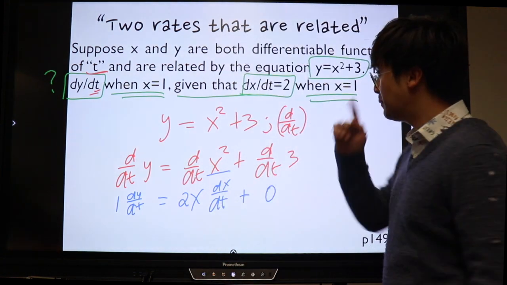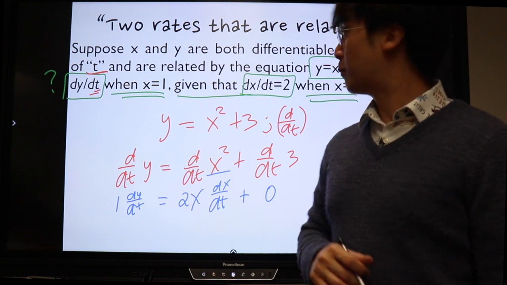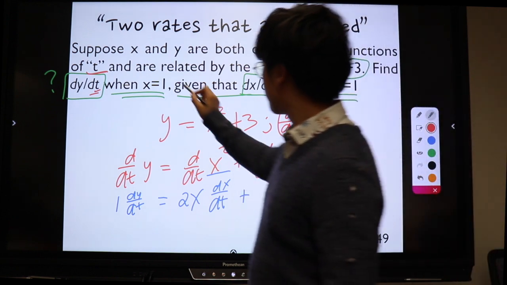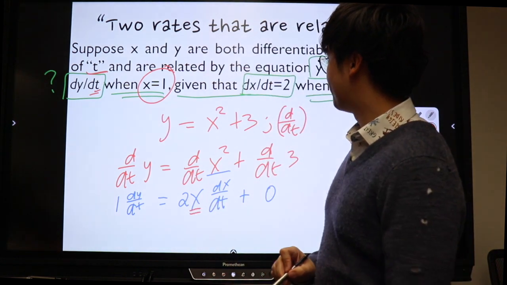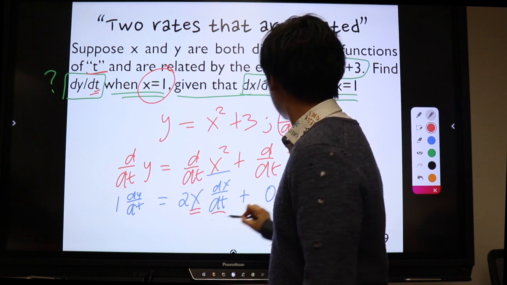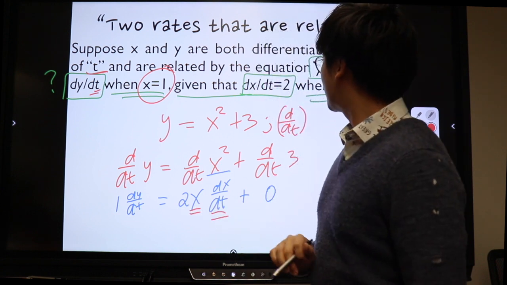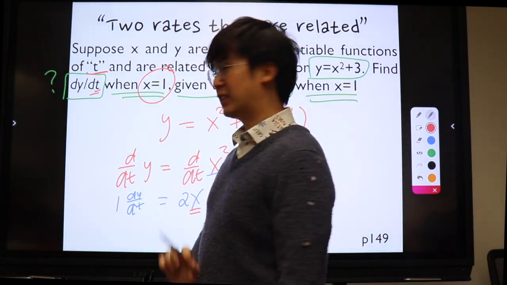And in our function, we can start plugging in the value that is given in the problem. And what's given? The x. What else? dx dt, which is this. So what are we trying to look for? dy dt.